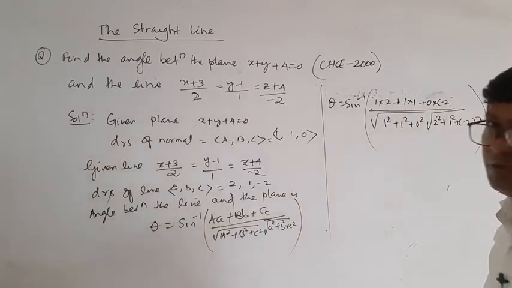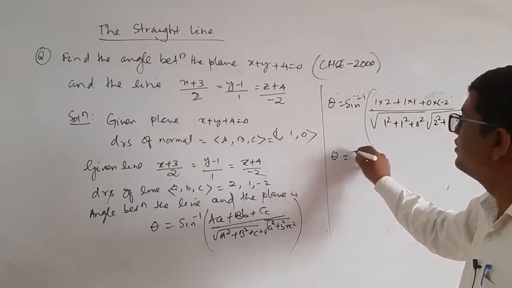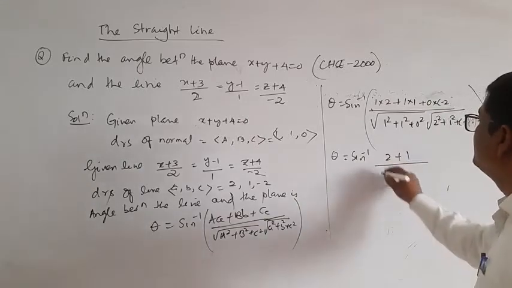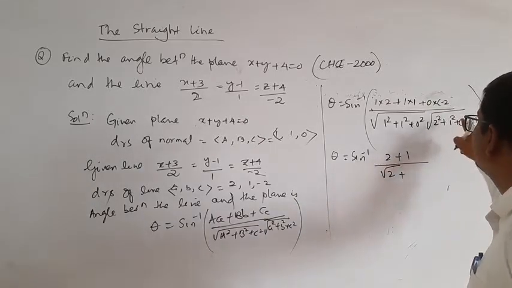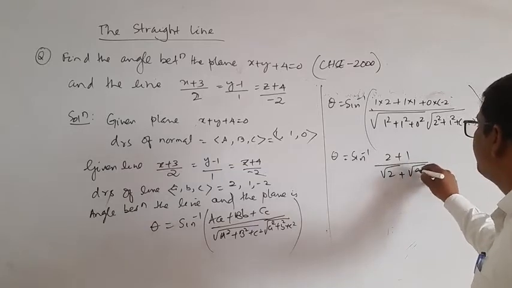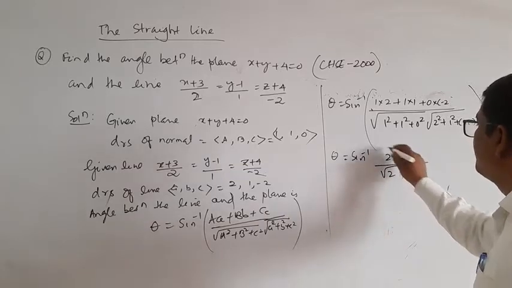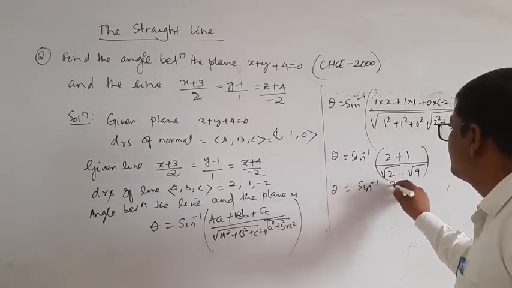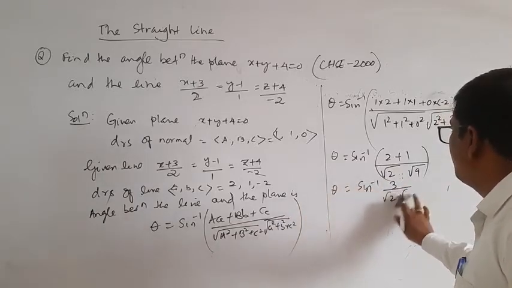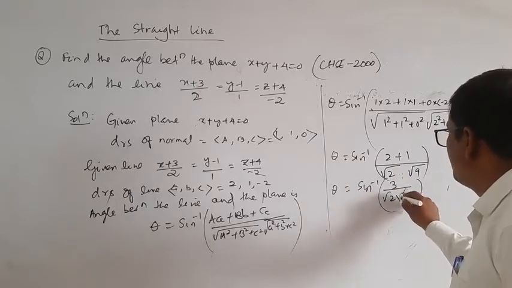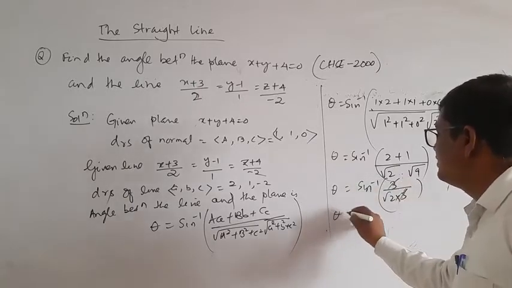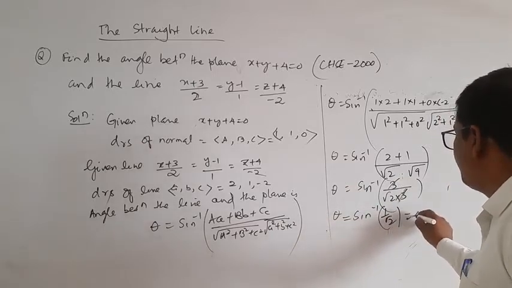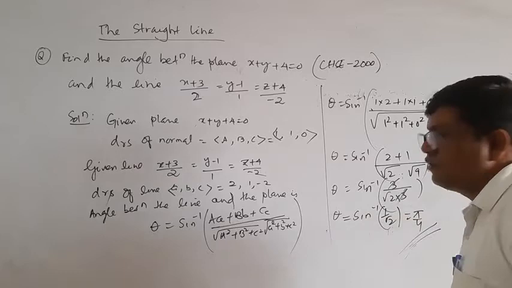So theta is equal to sin inverse of (2 plus 1) divided by root 2 into root of (4 plus 1 plus 4), which is root 9. So theta is equal to sin inverse of 3 by root 2 into 3. The 3 cancels. Theta is equal to sin inverse 1 by root 2, which means 45 degrees, pi by 4 radian or 45 degrees.